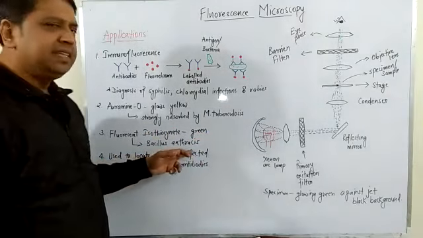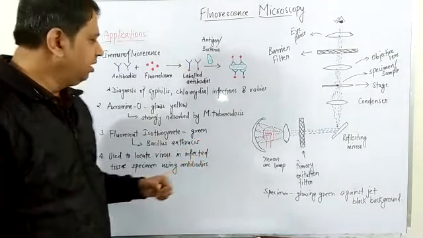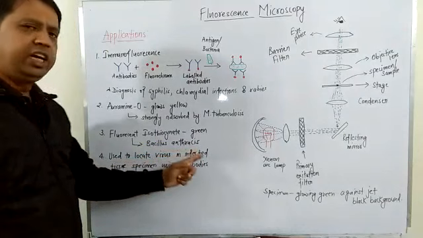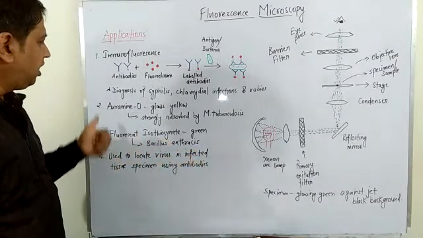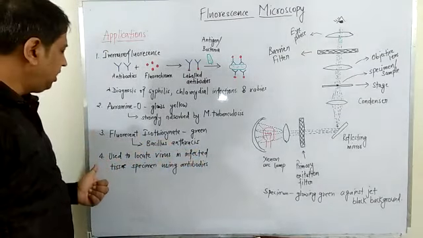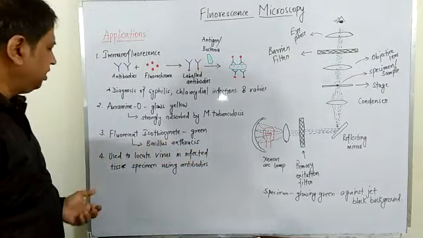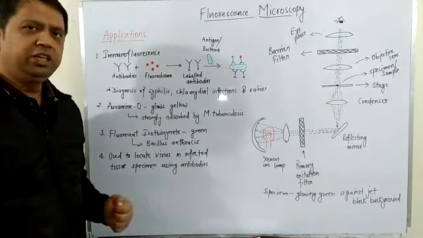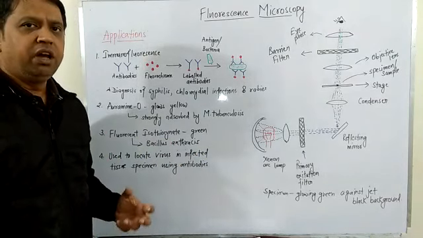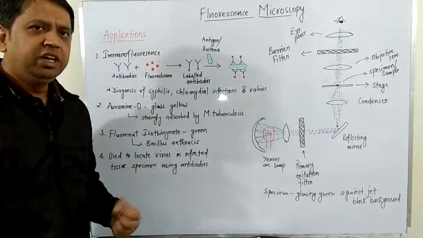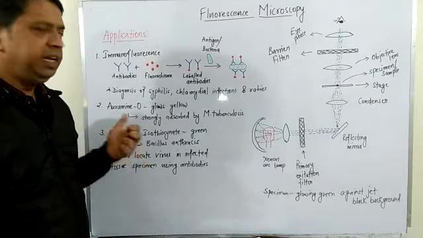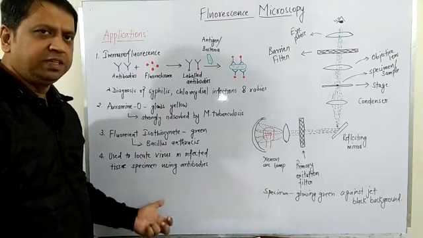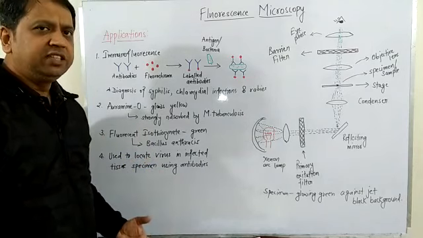Similarly, Bacillus anthracis can be identified by using fluorescein isothiocyanate dye, and it glows in a green color. Another and last application is that it is used to locate virus in infected tissue specimens using antibodies. By labeling the antibodies, we can identify the viruses present in the patient sample.